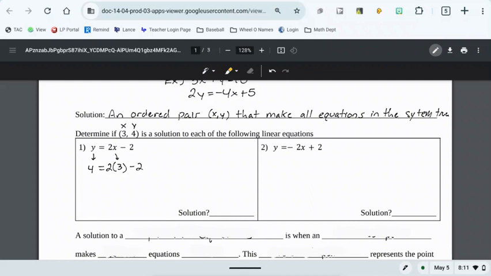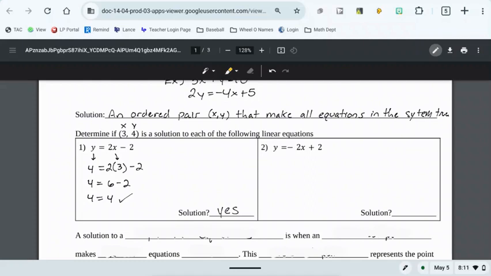Now we simplify. On the right side, 2 times 3 is 6, and then 6 minus 2 is 4. Because both sides of the equation have 4, this is true. 4 does equal 4. So (3, 4) is a solution to that linear equation.